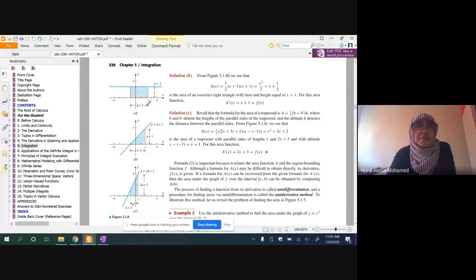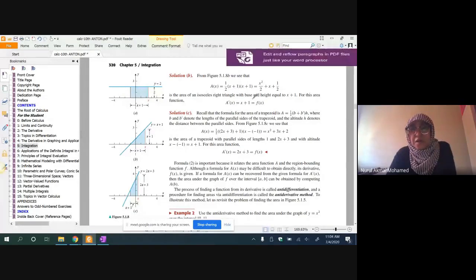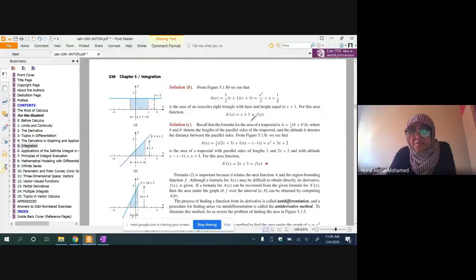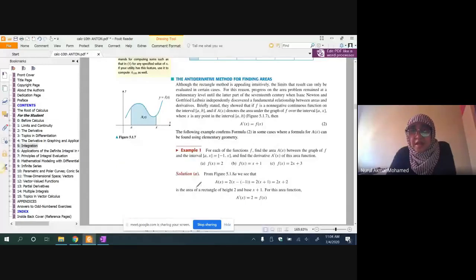The height will be, from figure 5.18b, oh, so this is the second one, not the first one. This one is the first one, A. So the height will be 2, and the length of the base will be x plus 1.